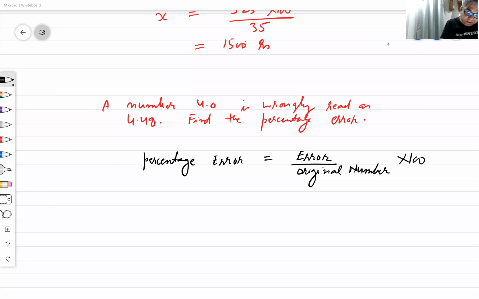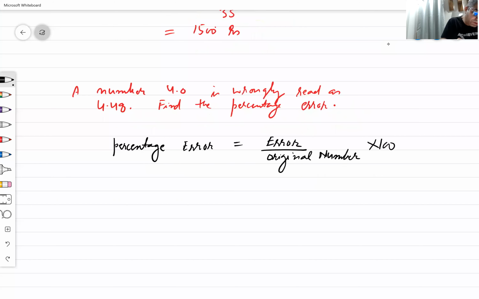All right. To calculate such questions, you should remember this formula. Percentage error is equal to error, that means actual error, divided by the original number into 100. So what is the error here? The number is read as 4.48 while it was actually 4.0. So your error is 0.48.